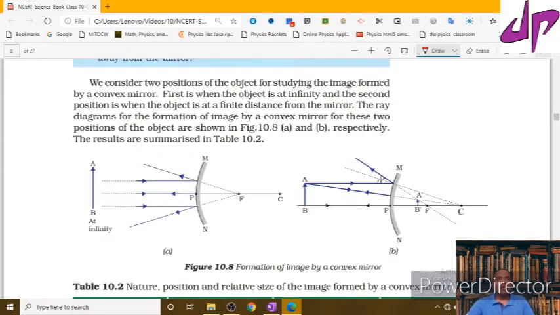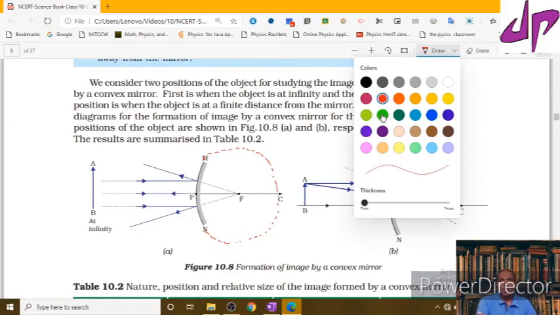But coming to the convex mirror, this is the case for the convex mirror. A convex mirror is also formed from a spherical mirror. Now here you can see if I draw the sphere, this is the sphere. Now here we need to draw our coordinate system.